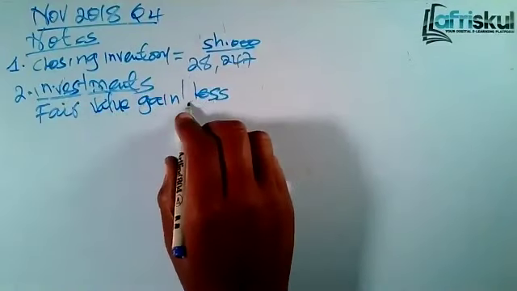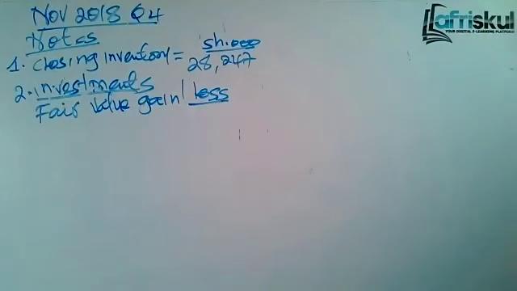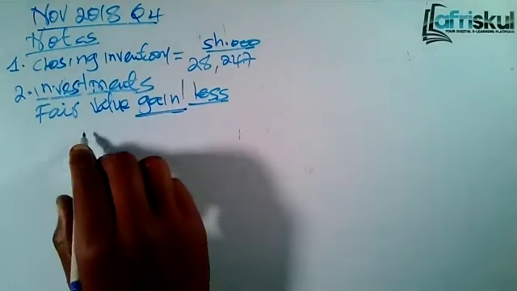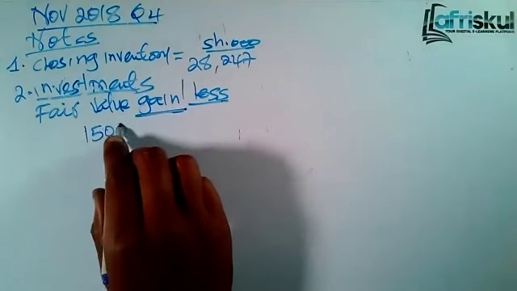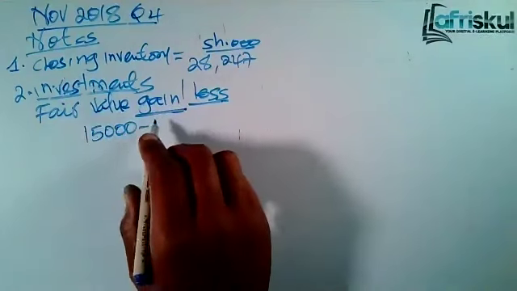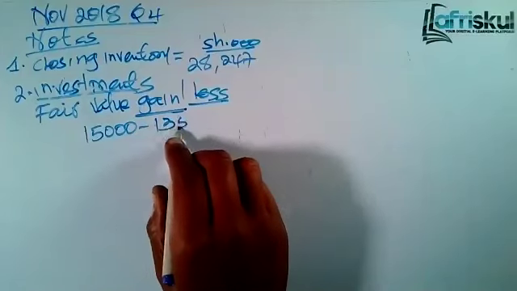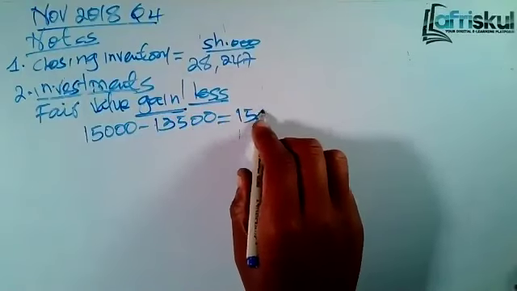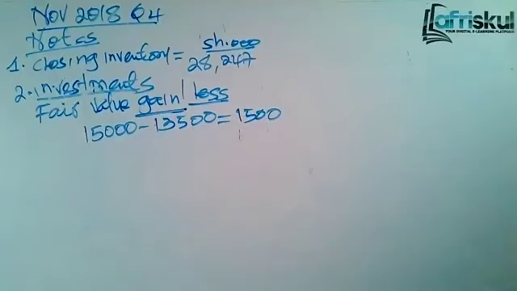Now, in our case, what we are having on the trial balance is 13,500, and on the additional information it is 15,000, meaning that in this case it is a fair value gain. So it is a fair value gain of what amount? You take 15,000 less 13,500, which gives us 1,500.